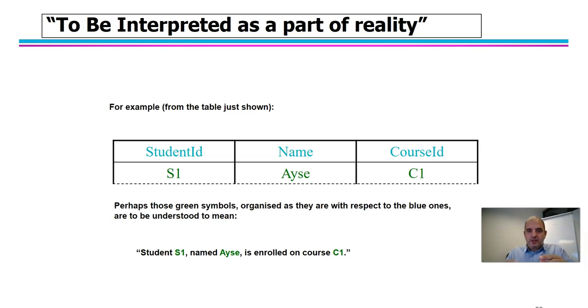At first look, maybe you cannot understand, but when you get familiar with the design, you can easily understand that this row, S1 Ayşe C1, means student S1, whose name is Ayşe, is enrolled in course C1.